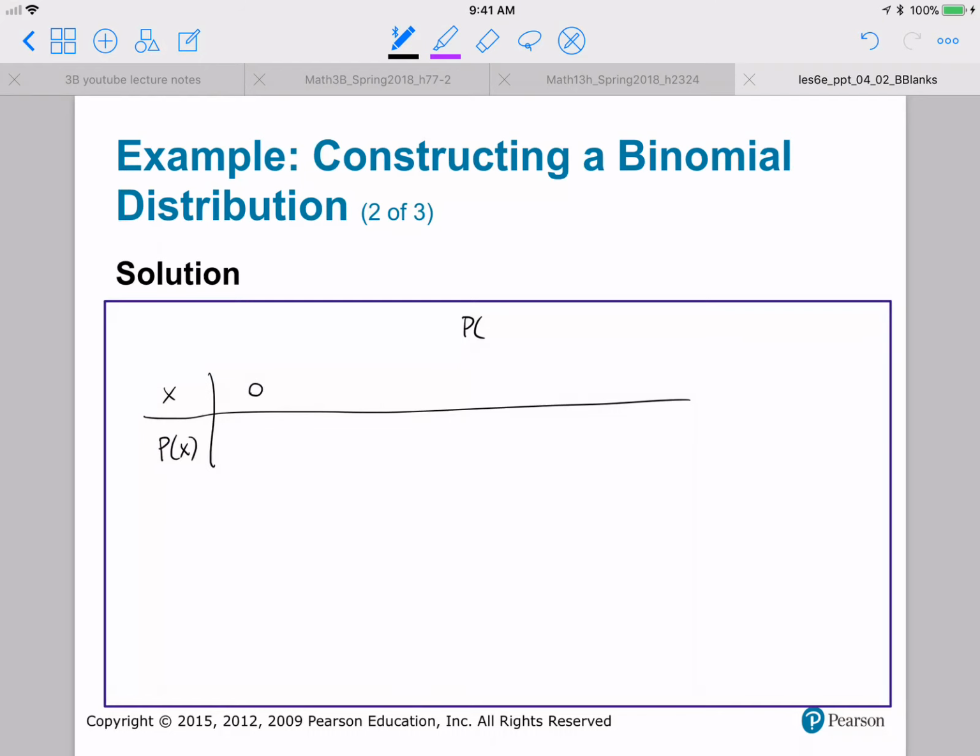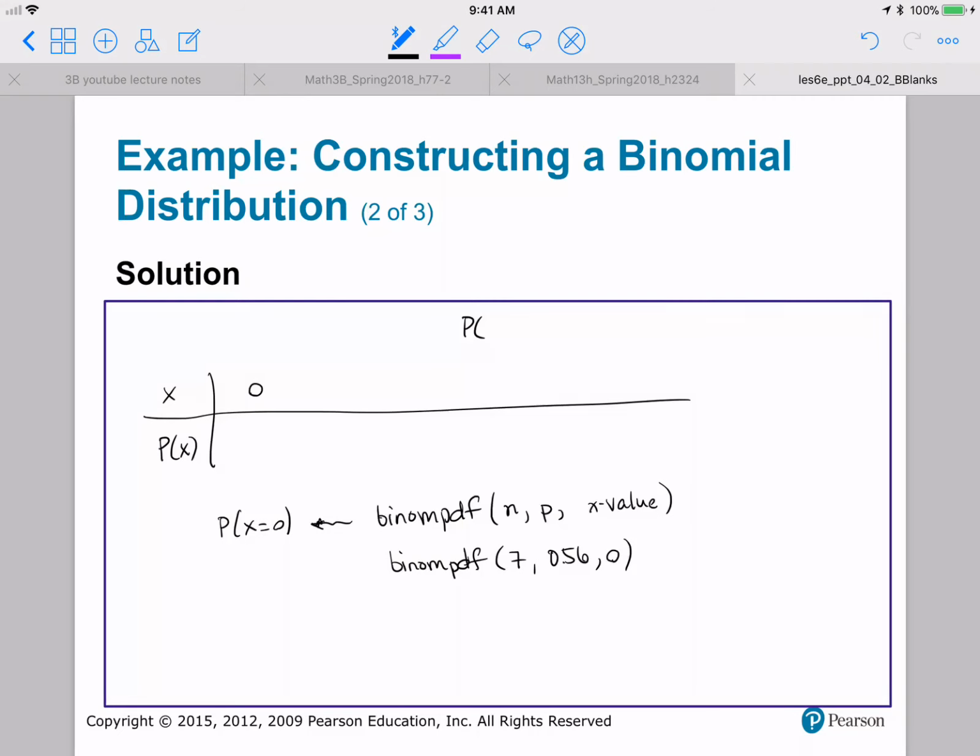Now, what's the probability that X equals 0? Okay, how do we get this? We're going to use binom PDF. We need to put in N, P, and then our X value, right? So we would have binom PDF: N is 7, P is 0.56, and the X value we're looking for is 0.